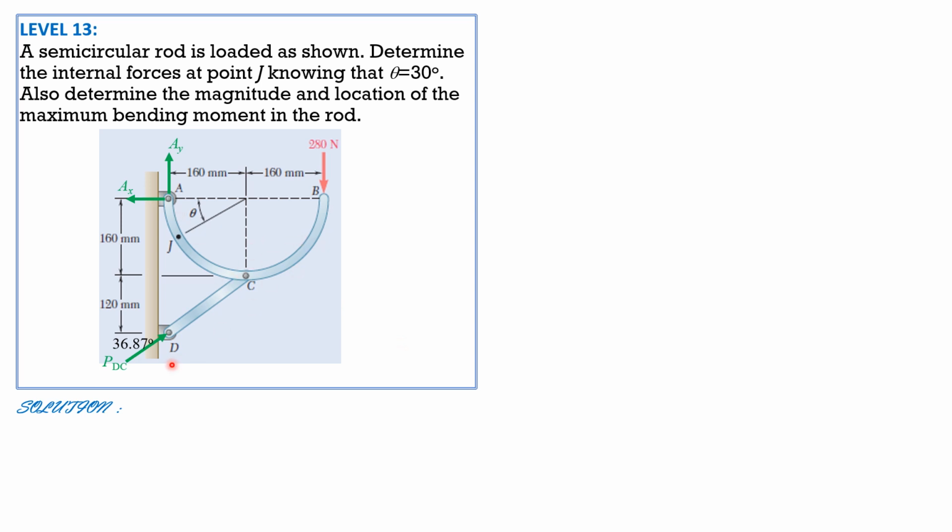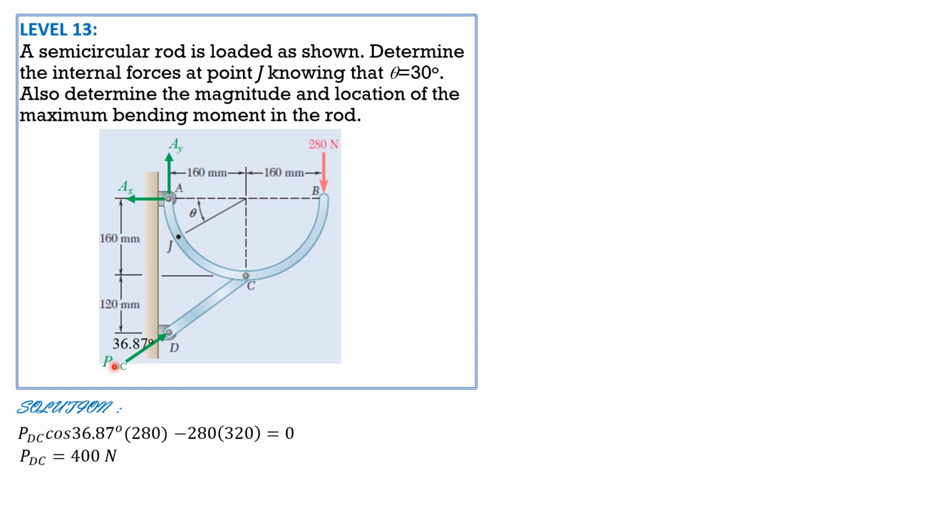Considering this figure, only the horizontal component of PDC has moment about A. The vertical component passes through A. So PDC cosine of 36.87 times 280 mm, minus 320 moment arm times 160 times 2 equals 0. So PDC can now be computed. It is equal to 400 newtons.